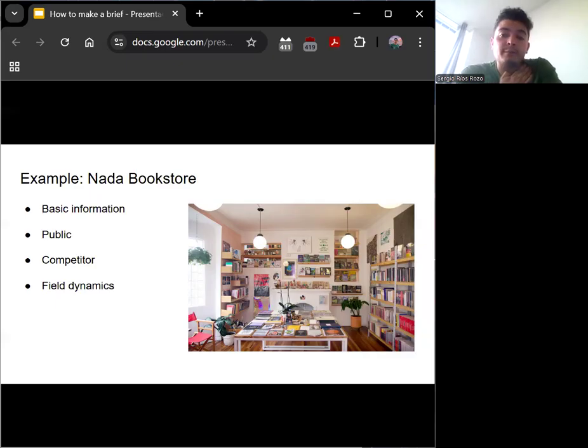I work in a bookstore and I chose to talk about it. And for doing this exercise, I started by understanding the basic information of the bookstore. For example, its name, its owners, how many people work there, its brand, its products, the time it has been on the market, its mission and its vision.